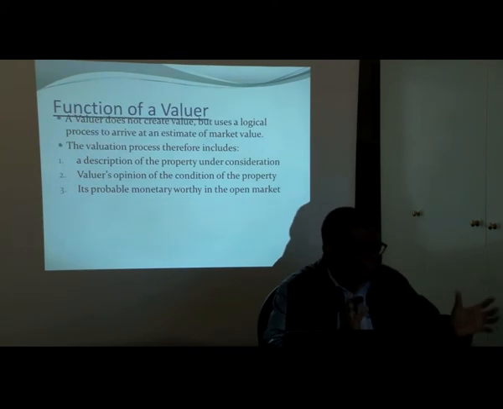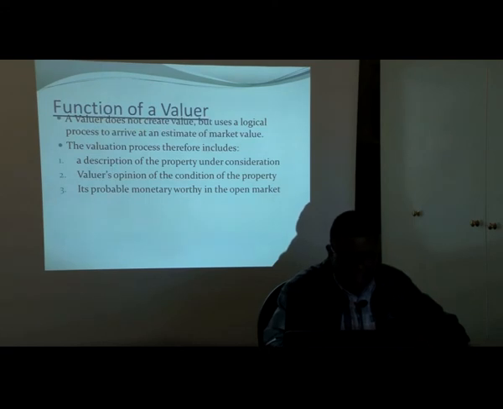This is a very, very summarized overview of the valuation process. Then you gave your opinion on the condition of the property after your physical inspections. And then lastly, you gave your probable monetary value of that property. That is a very general overview of the valuation process.